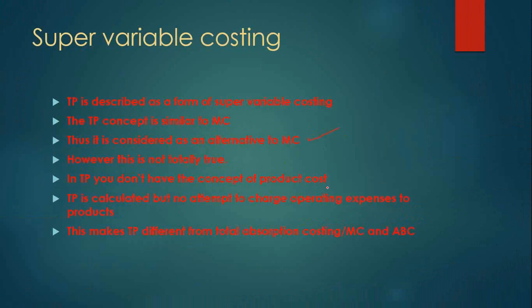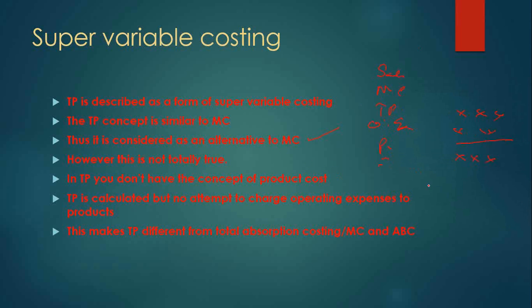In TP, you don't have the concept of product cost. You remember in TP, we have the sales, we have the material cost, we get the throughput, and from the throughput, we deduct the operating expenses, and we arrive at the profit.